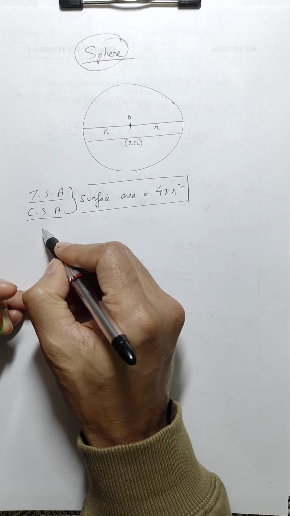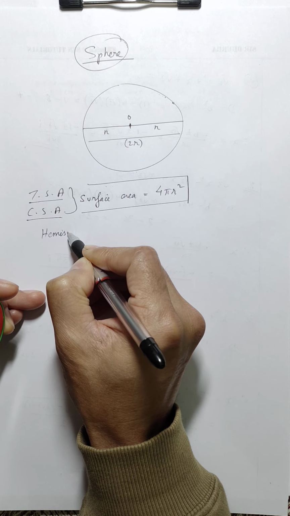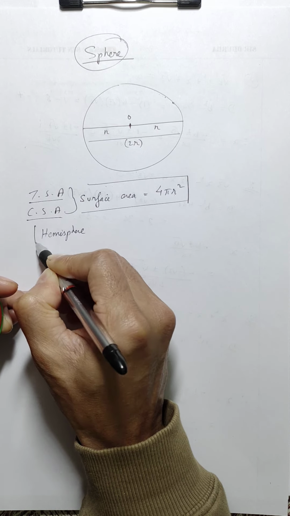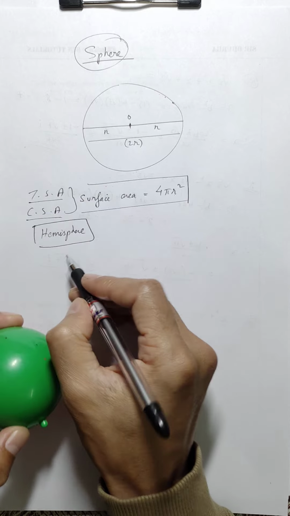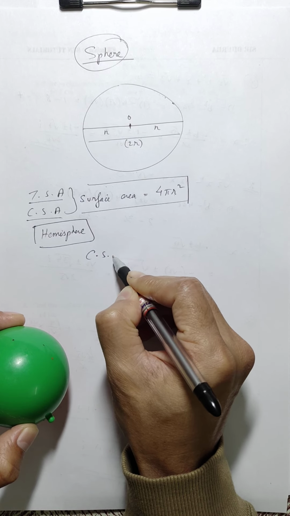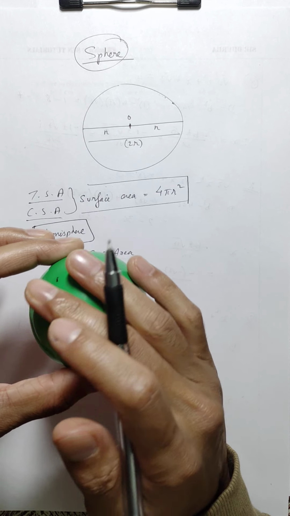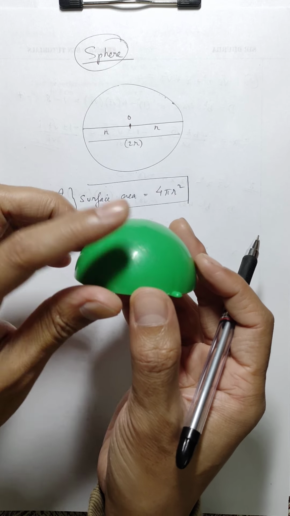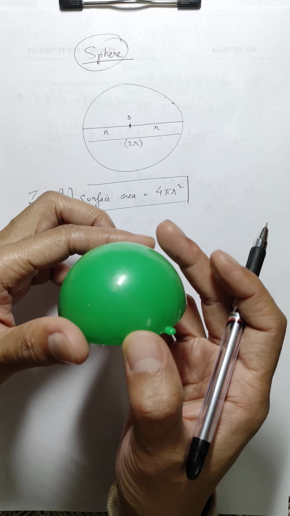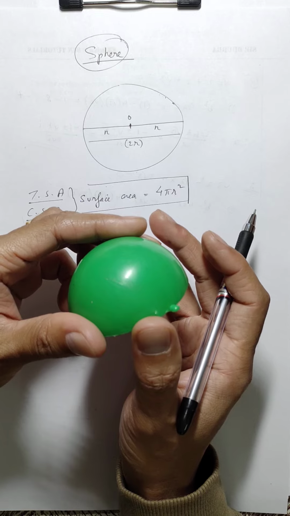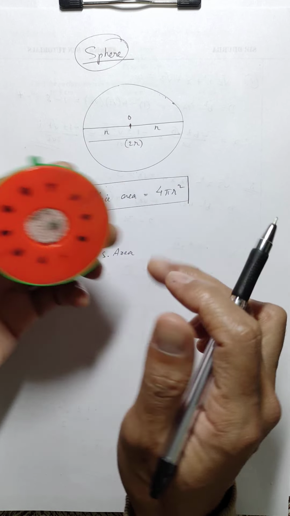Because a hemisphere will have two surfaces. One is the curved surface area, this curved part. And if it is a solid hemisphere like this, then it will also have a circular base.